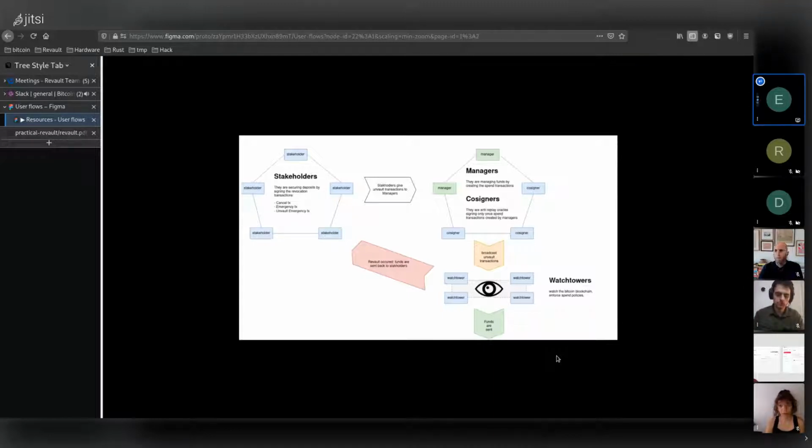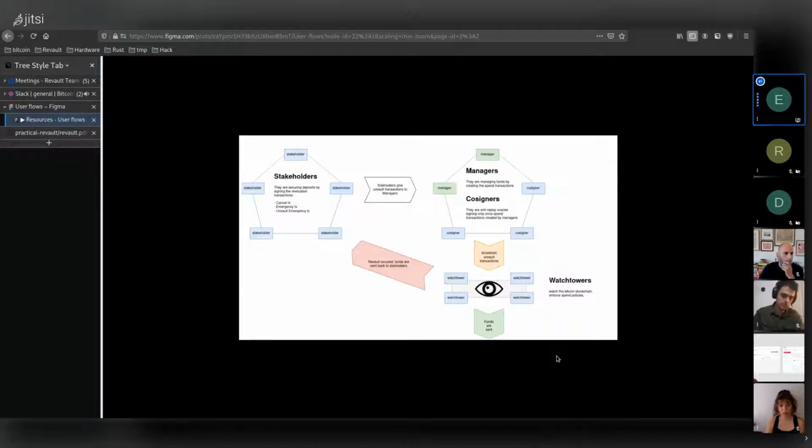So yes, the idea of Revault is to separate kinds of users. What are the personas? I don't know how to pronounce personas. We have the stakeholders, who are people who just want to secure the funds, and we have the managers, the people at the exchange who need to retrieve money from the cold wallet into the warm wallet and start paying, I don't know, clients, stuff like this.